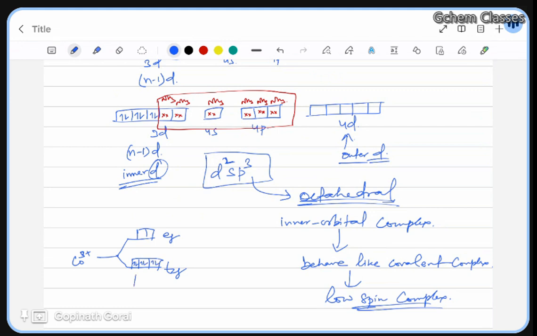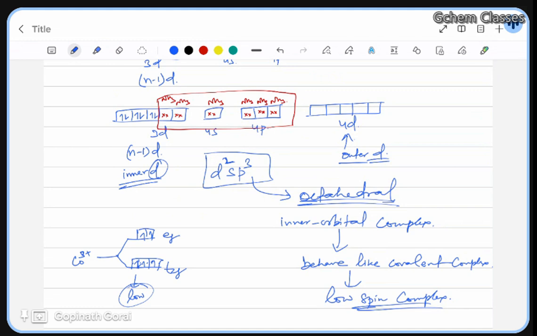So this is low spin. If it is not pairing up, initially it will be 1, 2, 3, 4, 5 and then 6, but in that case it would be high spin. But we know that this is a low spin complex. This is the inner orbital complex.